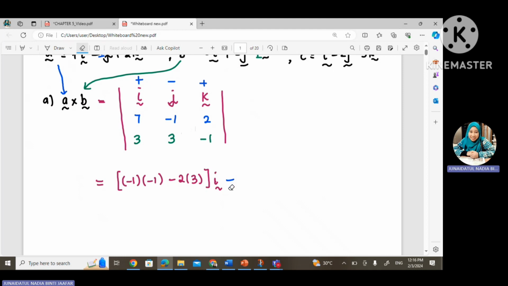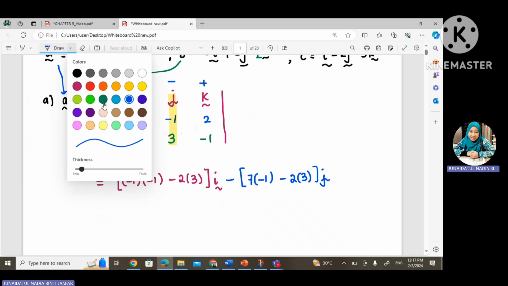Then for j, we must have a negative sign, and after this, for the value of k, we add. For j, we cross out column j, so we cross multiply column i and column k. So we have 7 times negative 1, minus 2 times 3. So this is for j.